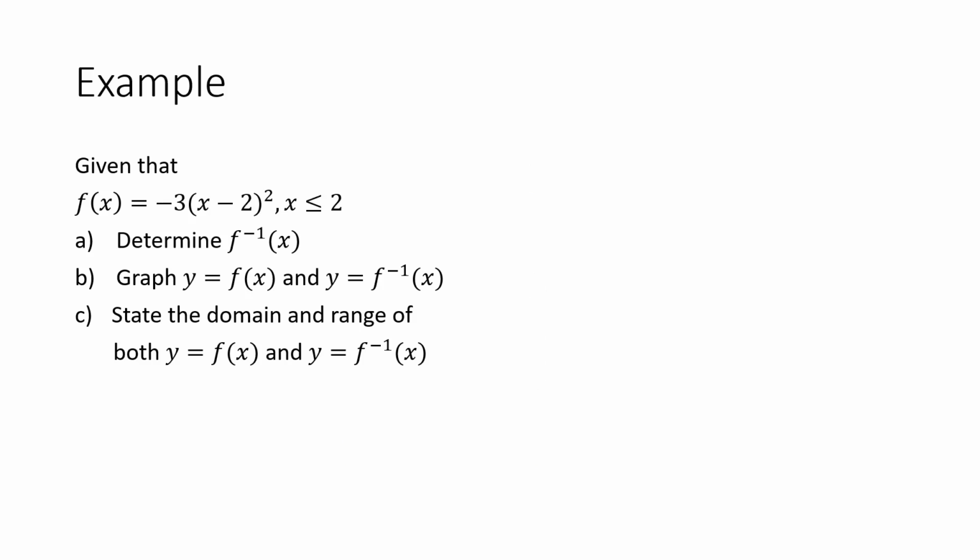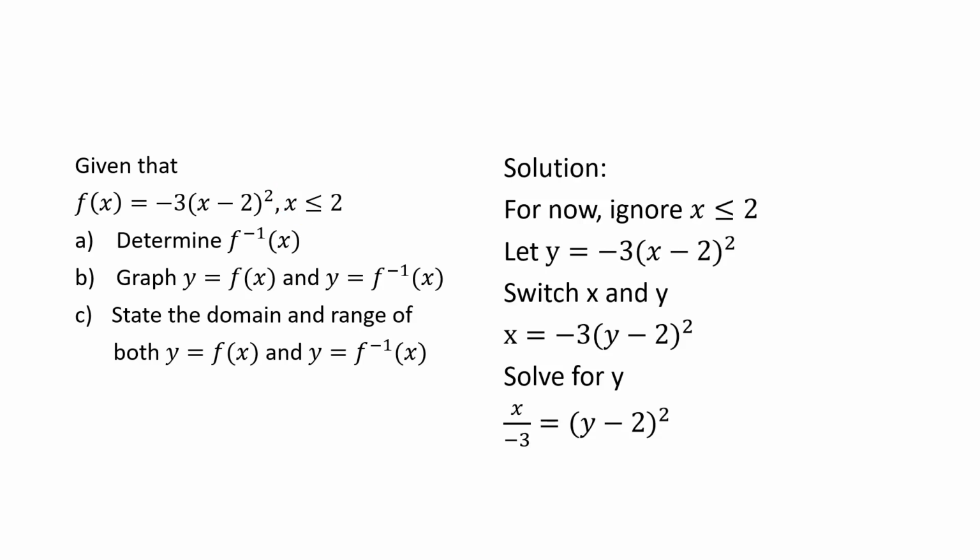Okay, now what if we have a one-arm parabola, but instead of keeping the right arm, we're keeping the left arm? Well, similar process. For now, ignore the x less than or equal to 2 and let y equal the expression without the qualifier. We're going to switch x and y, and then we're going to solve for y.